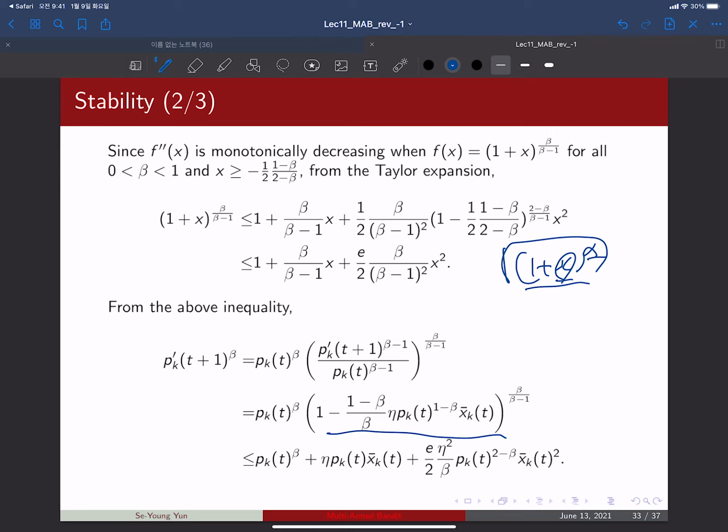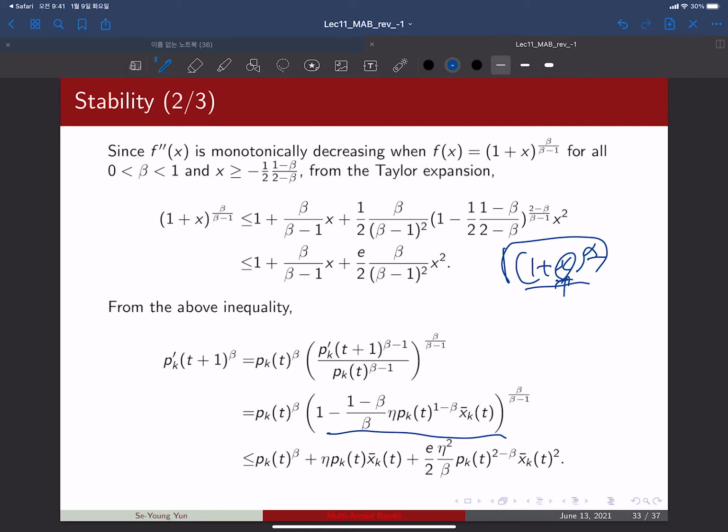To use the same technique, we have to limit the x range. We have to limit x close to 0. x cannot deviate too much, so x cannot be close to minus 1. Otherwise, using the Taylor expansion for the upper bound is not a good approach, I believe.